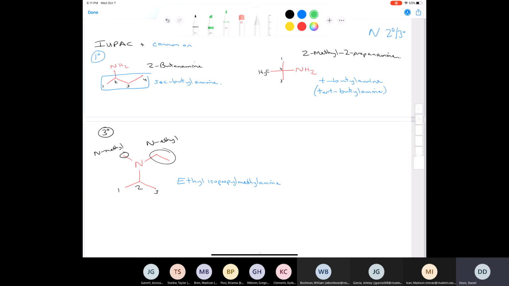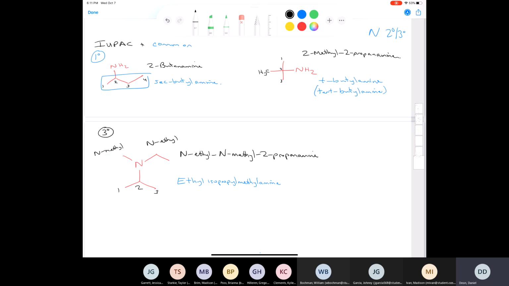E comes before M in the alphabet, so when we put all of this together, we have N-ethyl-N-methyl-2-propanamine.